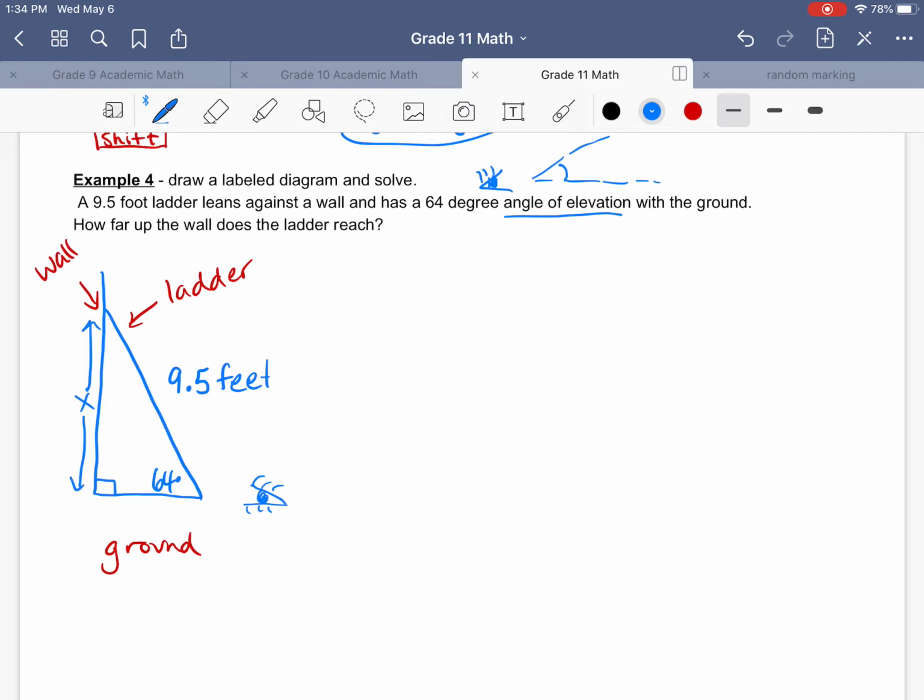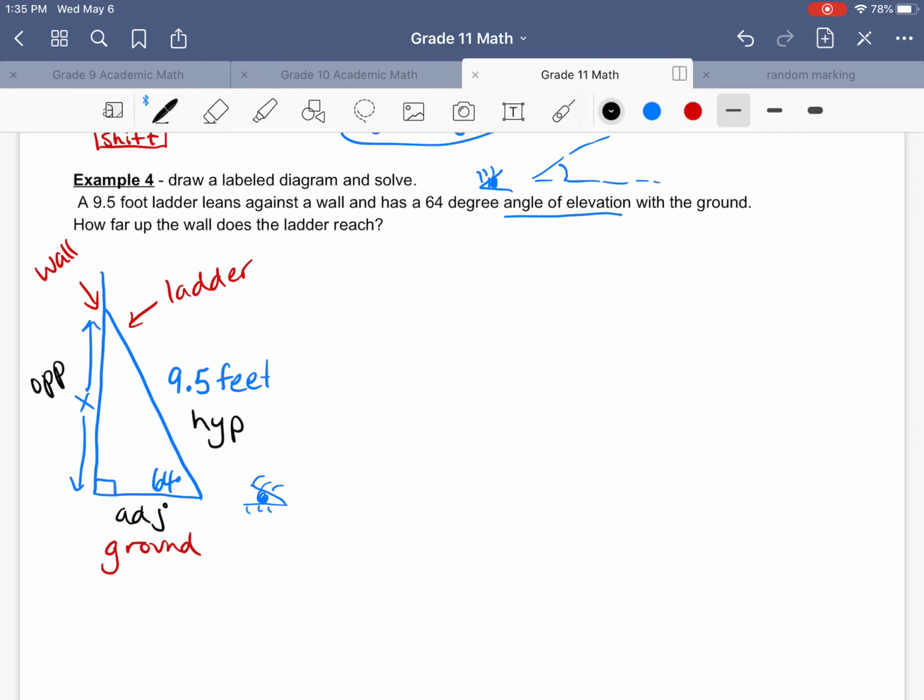Now we start at step one. Step one is label your triangle with respect to the reference angle. We have our reference angle of 64 degrees. Across from that 64 degrees, we have our opposite side. Beside the 64 degrees, we have our adjacent side. And across from the 90-degree angle, we have our hypotenuse.